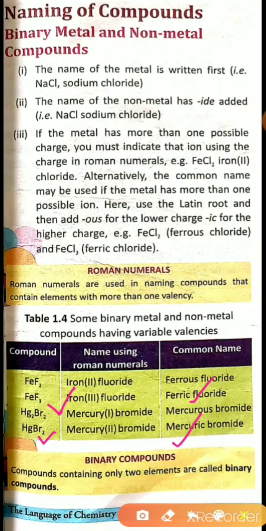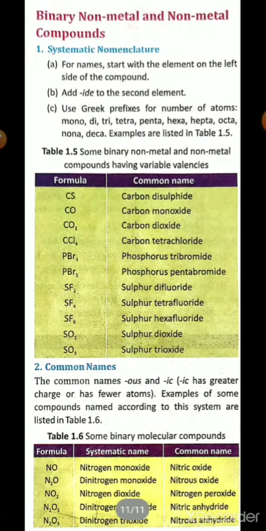Okay, then what are binary compounds? Binary compounds means compounds containing only 2 elements are called binary compounds. That means in that compound's name, only 2 elements will be there. Let us see binary non-metal and non-metal compounds and their nomenclature.